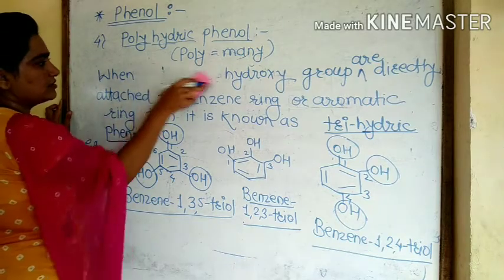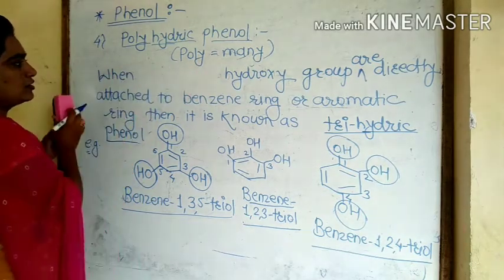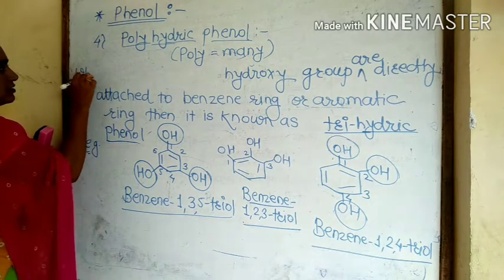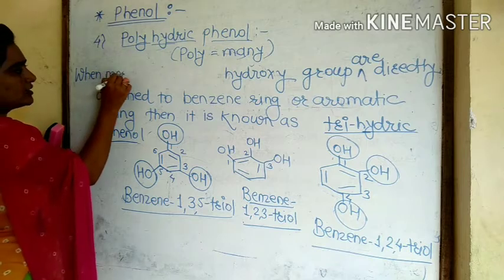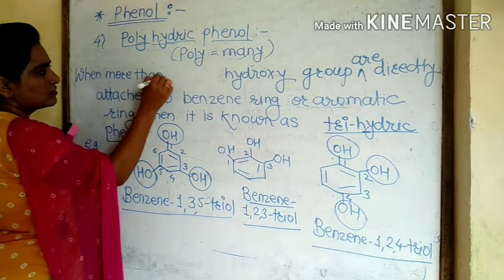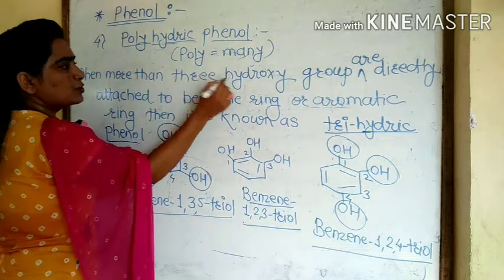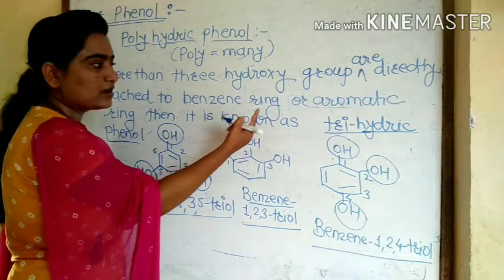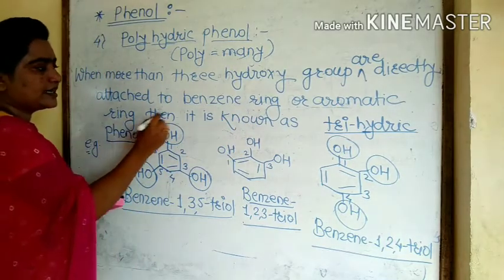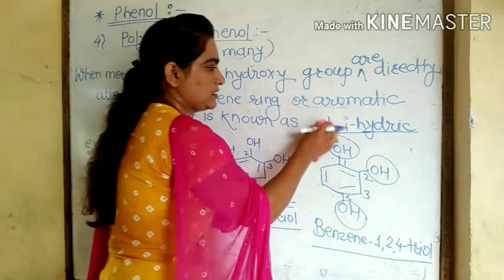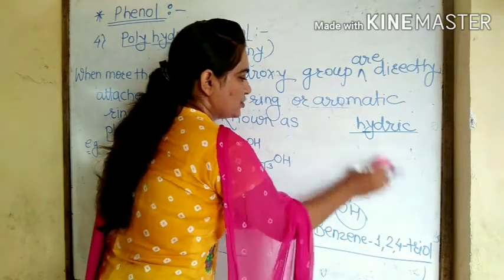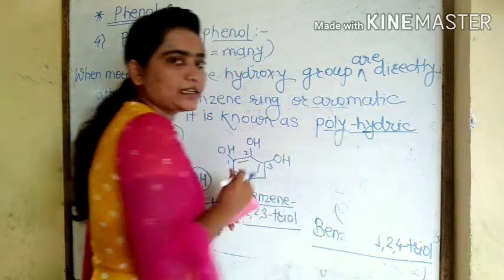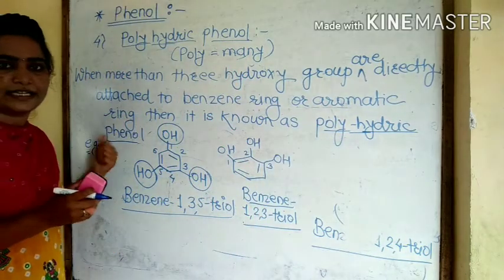So here we can write: when more than 3 hydroxy groups are directly attached to the benzene ring or aromatic ring, then it is known as polyhydric phenol.